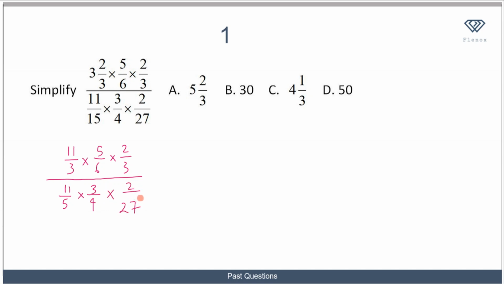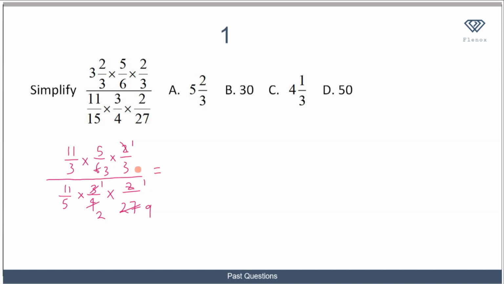So now you try to simplify to the lowest terms. 2 can go into 6, 3 times, and in the denominator, 3 will go into 27, 9 times, then 2 will go into 2 once.